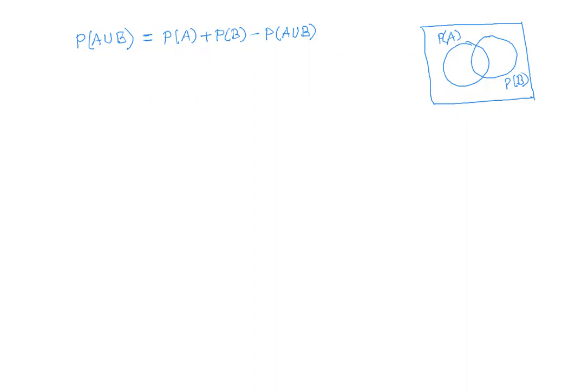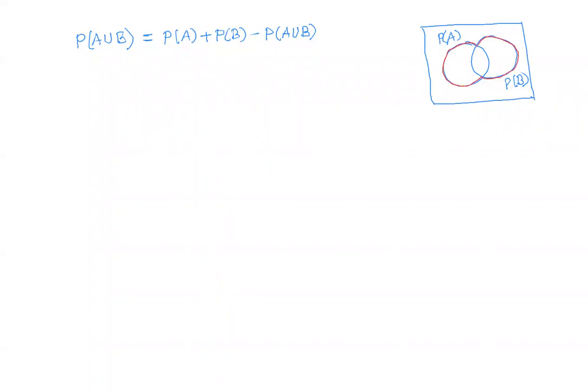A union B, when you unite these two sets, then what you get is the intersection plus individual areas, right? Now, if you think of A union B, then it would be all the areas. You're looking for this area.